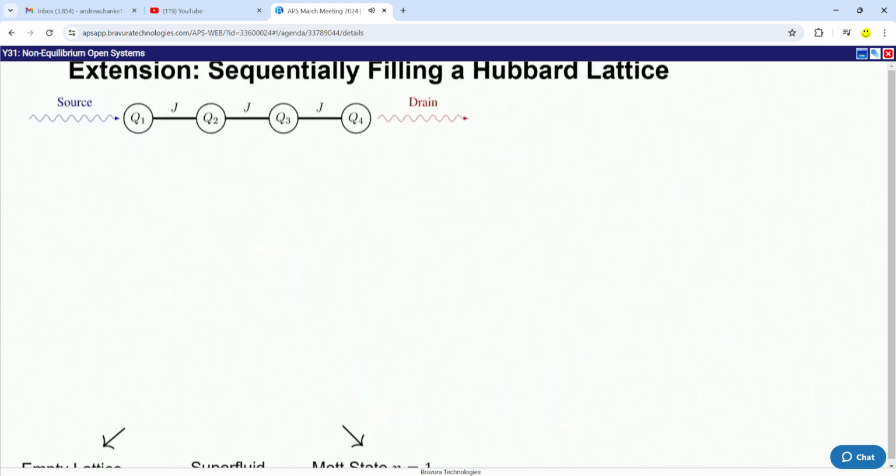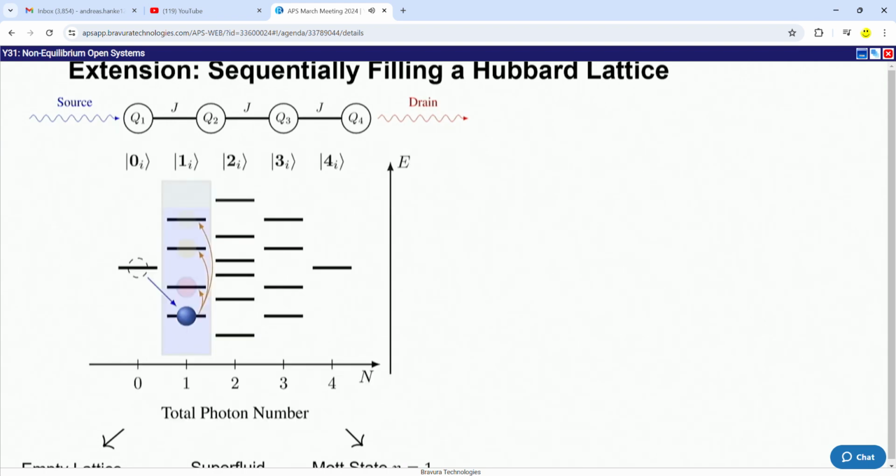So now we can consider how to extend our method to a larger quantum system and try to understand what will happen in a real many-body quantum system. Here we consider a four-site Bose-Hubbard lattice, which forms the lattice band structure. In different particle number manifolds, we have discrete energy levels.